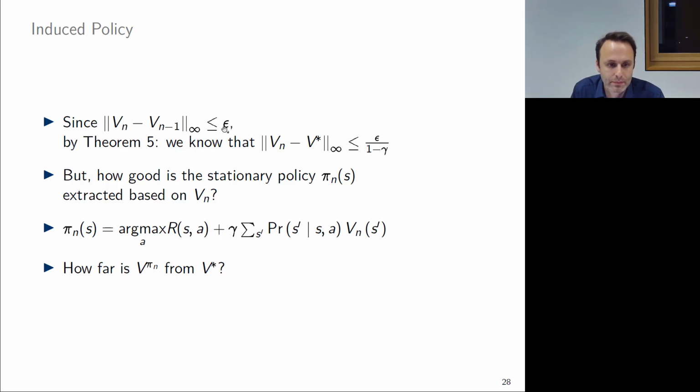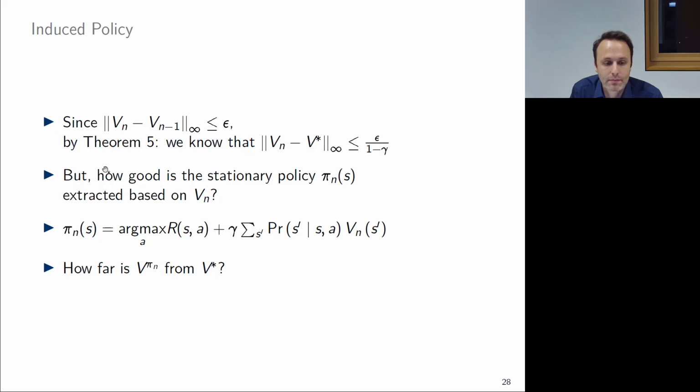So we have seen before that since this maximum difference between two iteration steps is smaller or equal to epsilon, the difference between the true value and the value estimated at iteration n is smaller or equal than epsilon over 1 minus gamma.